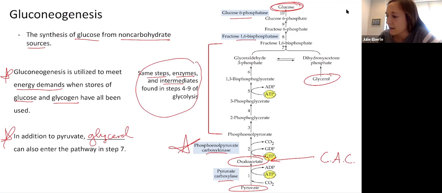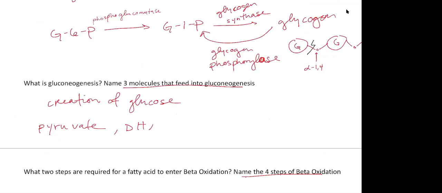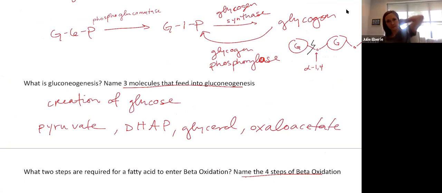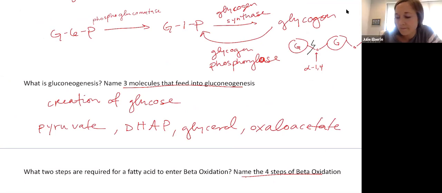Okay, so glycerol, you could write DHAP if you wanted, oxaloacetate. I would take all those answers. Does it need to be all 4 or just 3? I just said name 3, but I was giving you 4 examples. Okay.